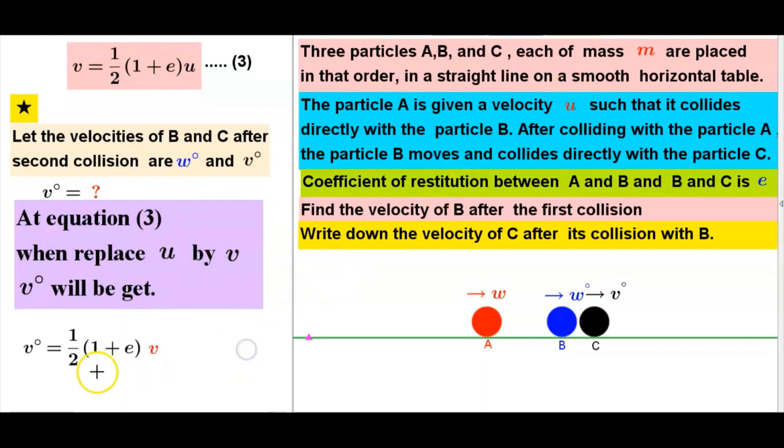V naught is equal to half (1 plus E) into V. Here it moved with u, after collision half into (1 plus E) into u. Here it moved with V, after collision half (1 plus E) into V. This is V naught.